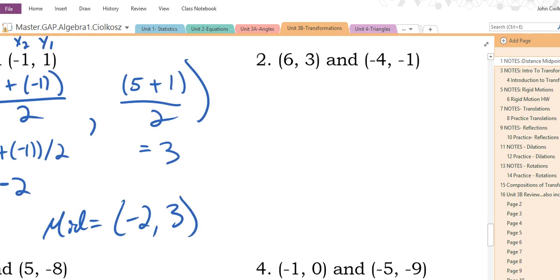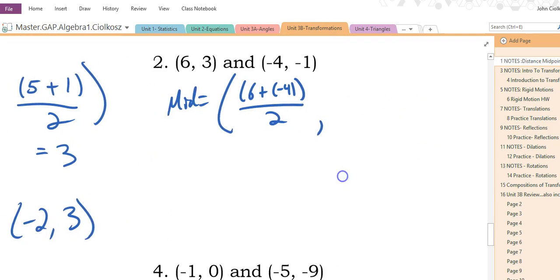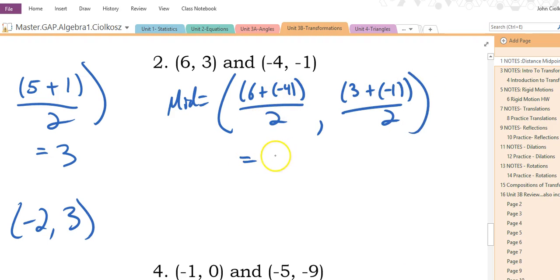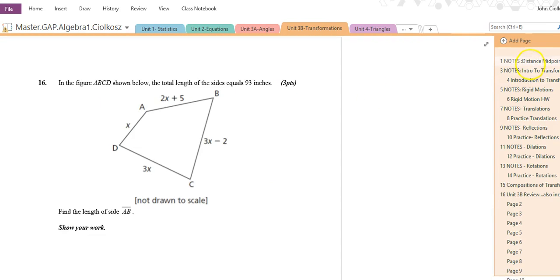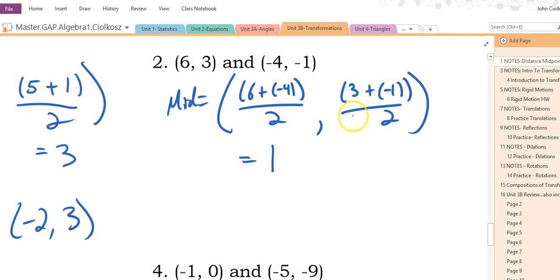For here, x1 plus x2 over 2, y1 plus y2 over 2. GeoGebra gives me 1.